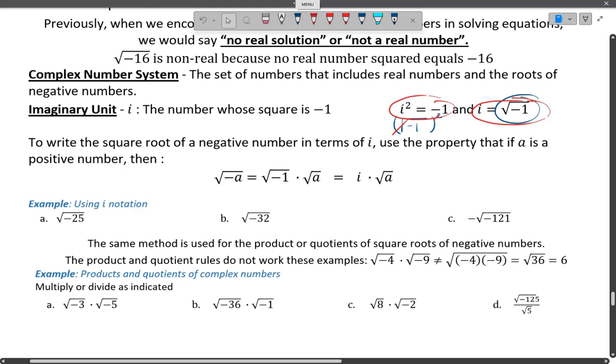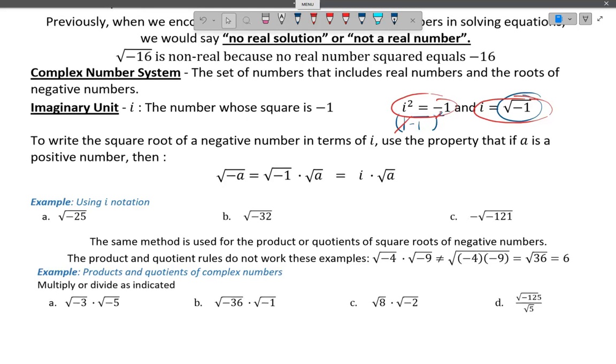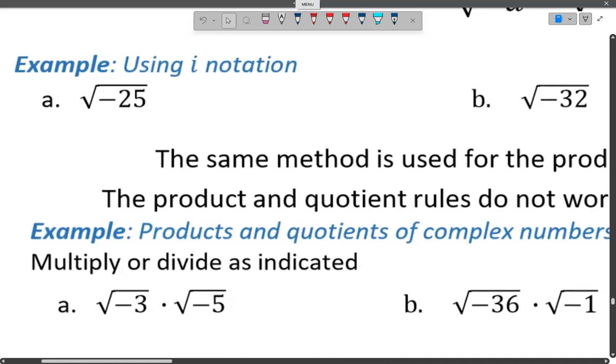Okay. So whenever we're trying to simplify a radical that has a negative radicand, we use -1 as one of those factors when we break it apart, and then the identity that the square root of -1 equals i. That allows us to simplify all of our radicals, whether they're real or non-real. So using i notation to start, I have the square root of -25.